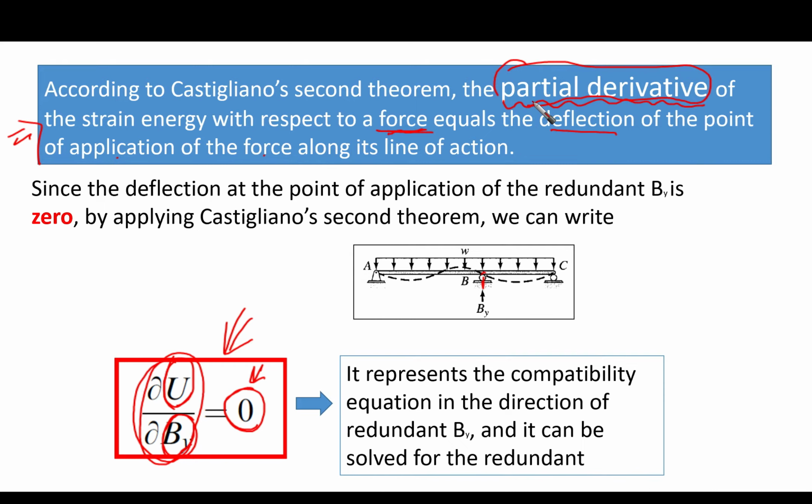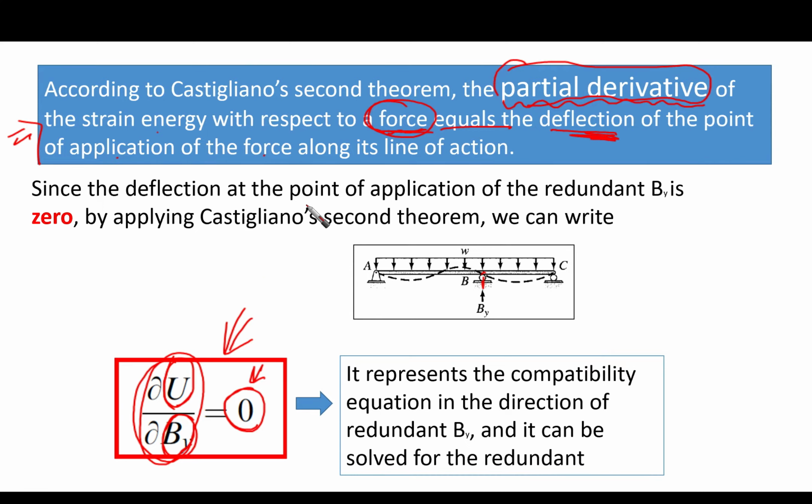So we are going to talk about the partial derivative of the strain energy with respect to a force, which is the redundant, equals the deflection at this point, the point of application of the force. Okay, that's what we are.